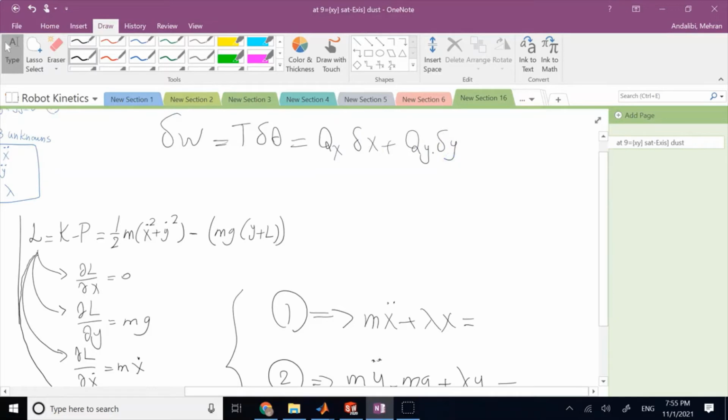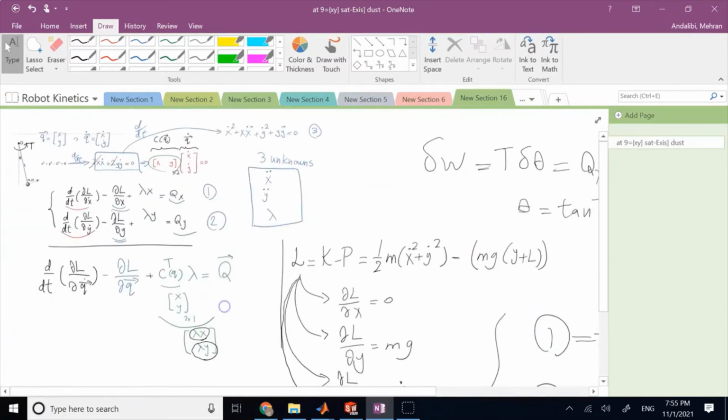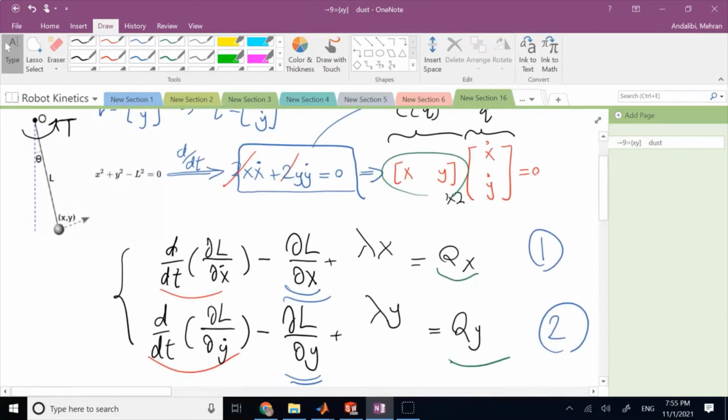So the question is now, what is qx and what is qy in here? And what you need in this case is you find theta as a function of what? X and y. So what is theta? If you know, theta here is definitely arctangent of y over x, right? As you can see, correct?